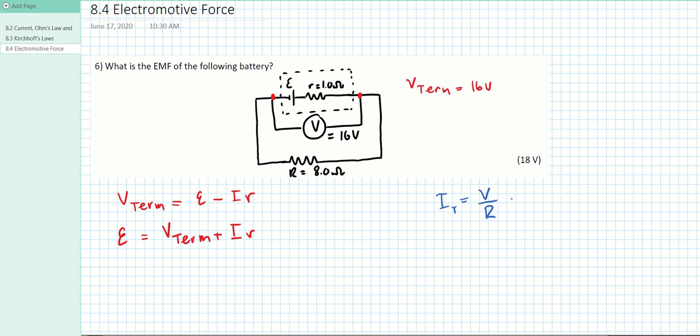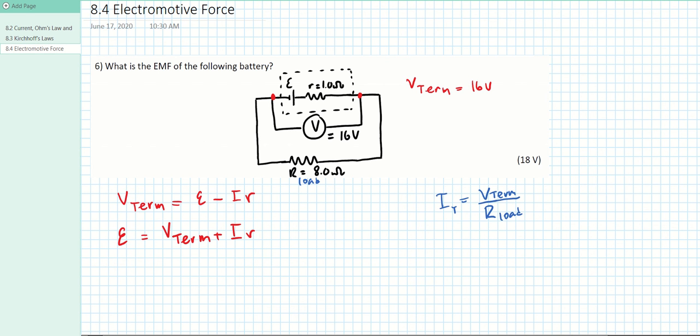So in our case, we're going to use the V terminal as our voltage and our load R here as a resistance. Okay, so this is going to be our V terminal over the R, which in this case is our load resistor. So that's how you're going to find your current.